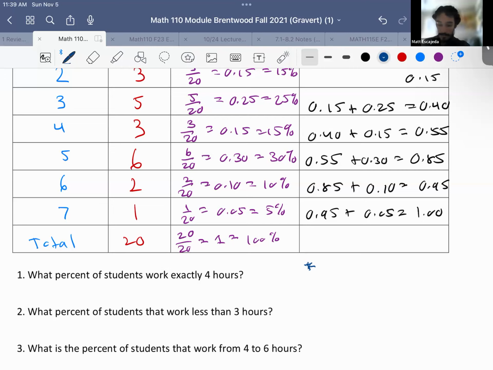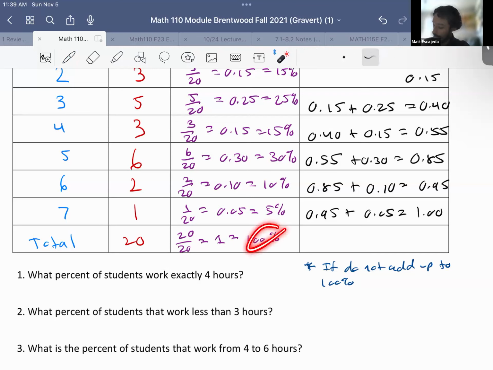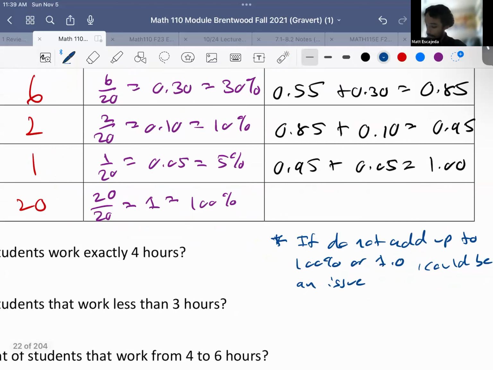So one thing to note is that if your values do not add up to 100%, like adding up to 100% here, or 1.0, which is the same thing, it could be a result of rounding, an issue with your rounding.